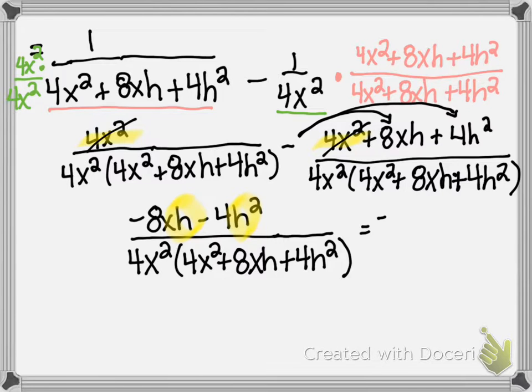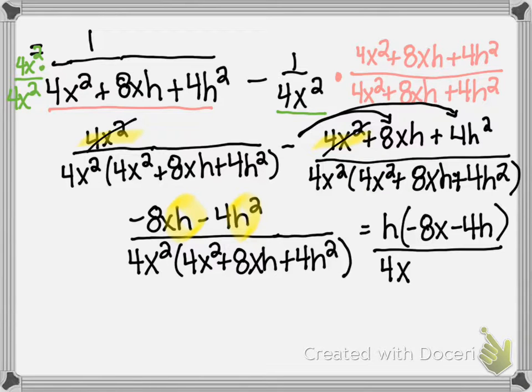So this is going to give me h times negative 8x minus 4h. And that's being divided by 4x squared, and then that whole parentheses again. So 4x squared plus 8xh plus 4h squared.